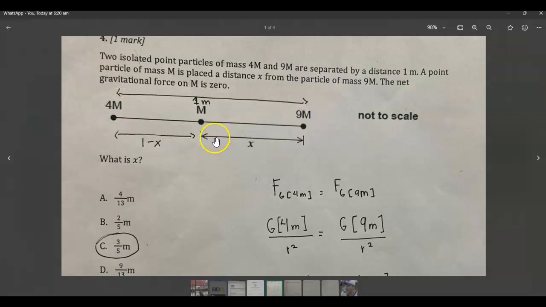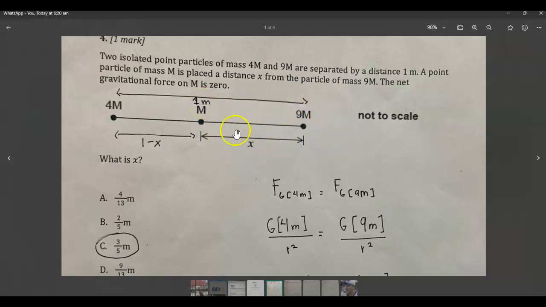Now, it's also in the problem that x is the distance between point m and 9m, whereas to get the distance from 4m and m, we just have to find the difference between the total distance between these 2 points, which is 1 meter, and the distance from the right side.